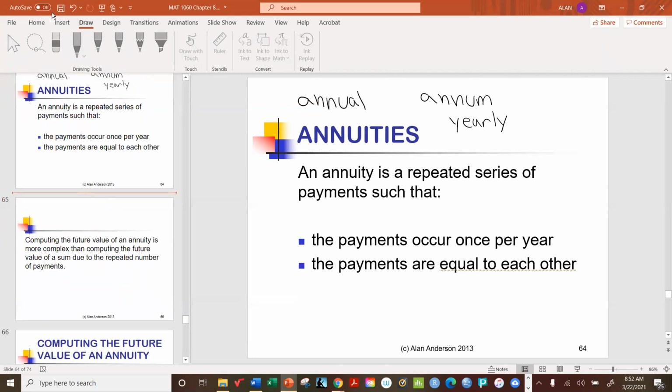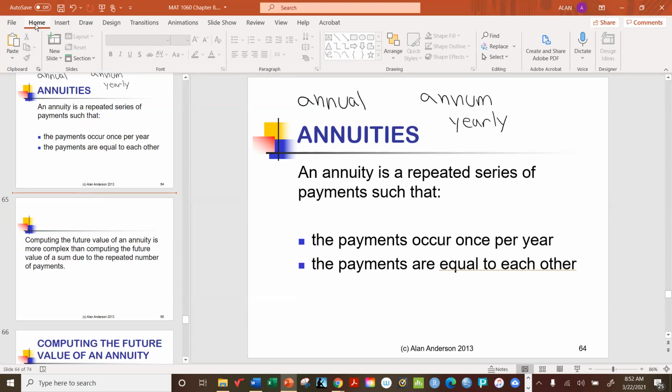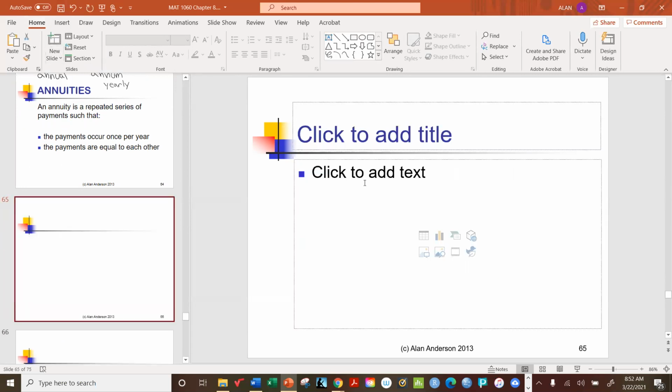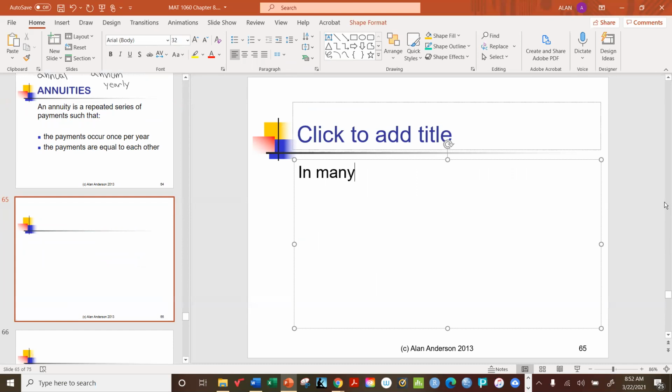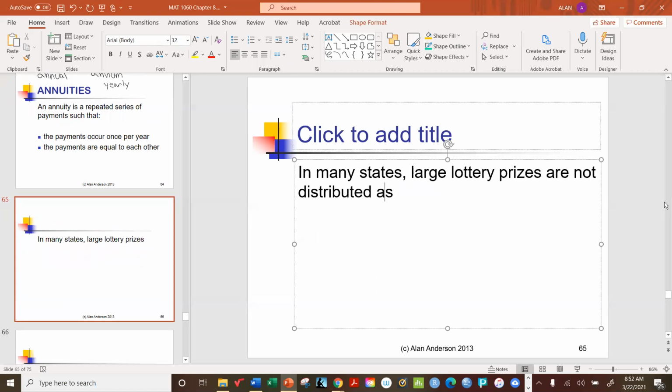It turns out that in many states, virtually every state, as far as I know, every state has a lottery of some kind. It helps them raise lots of money, but in many states, large lottery prizes are not distributed as a single payment, but as an annuity.